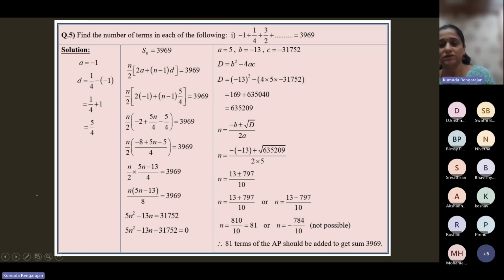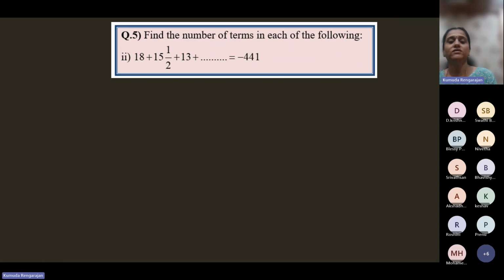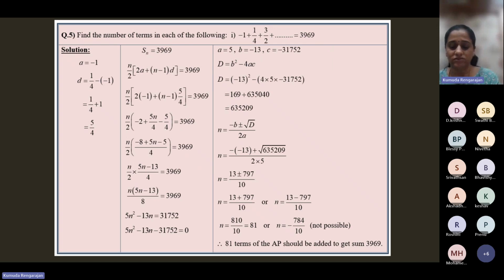Okay, those who finished can take this question and try this. Similar to the earlier one, that is this one.